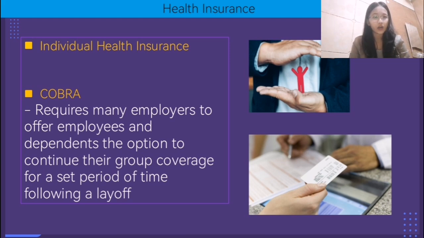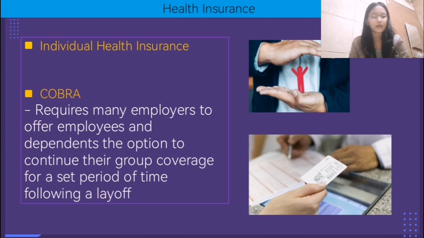When it comes to ownership, of course, for individual health insurance, the purchaser is the owner. On the other hand, in group health insurance, the owner of this insurance is the employer, because they are the ones providing health insurance to their employees. And when it comes to portability, in individual health insurance, the policy stays with you.